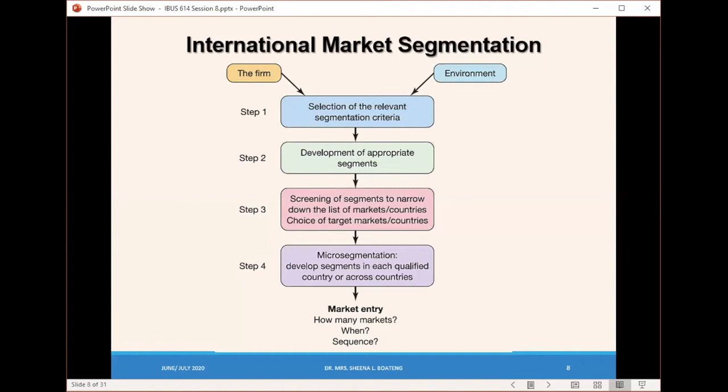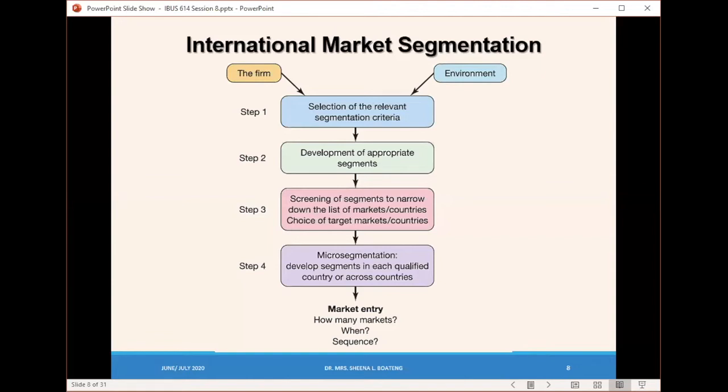So you do further micro-segmentation to select the most attractive in terms of your resources and competencies that you can properly target. And once you determine these, you go about thinking about how you are going to enter these markets in the sequence within which you are going to do so.